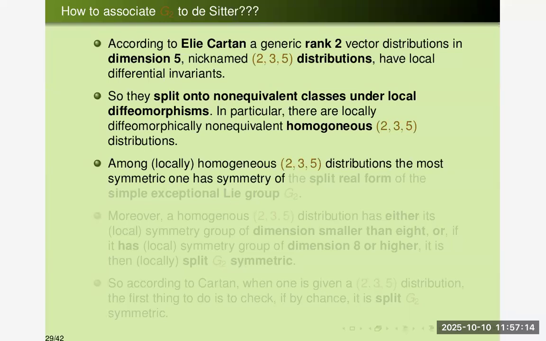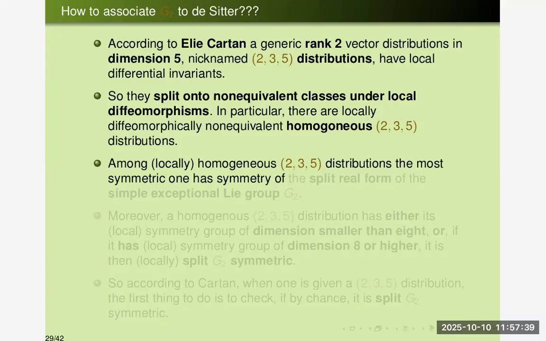So there is this entire realm of (2,3,5) distributions. Some of them may have no symmetry, some of them have symmetries, but there is the most symmetric one. And this most symmetric one among (2,3,5) is the result of Cartan of 1889, let's say.